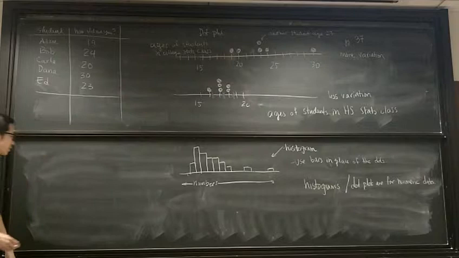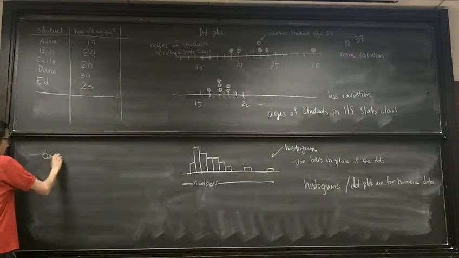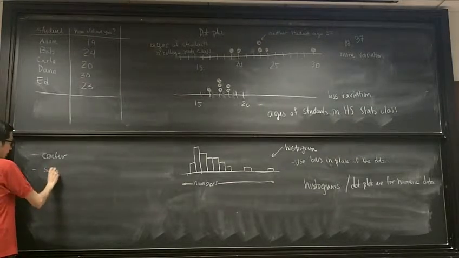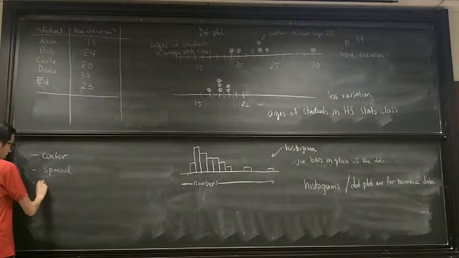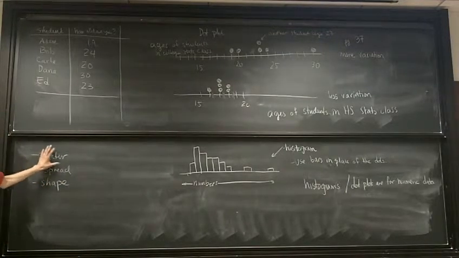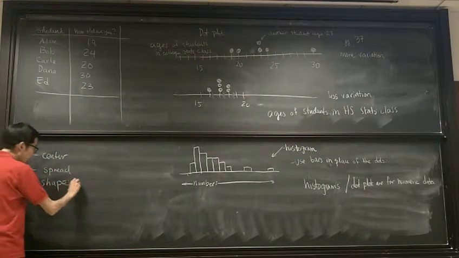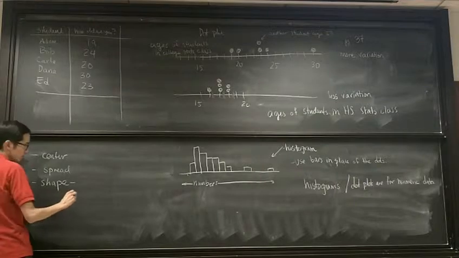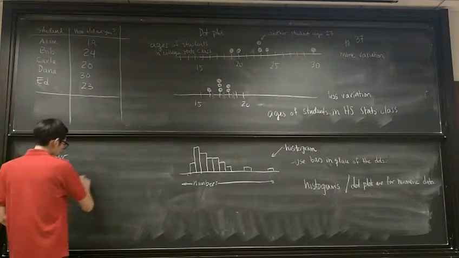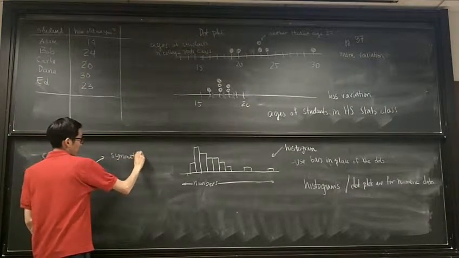Well, there's a few things that we want to talk about. One is the center of our distribution. Another thing is our spread, and we want to talk about the shape. We'll talk about the center and spread later on, that'll come next week. But our shape, we basically want to describe, is it symmetric or skewed?